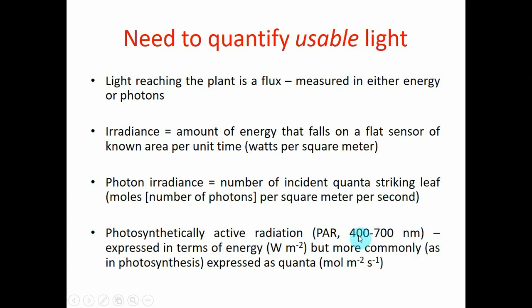Remember, this 400 nanometers has more energy, and the 700 nanometers is lower in energy. Remember, we looked at photosystem 1 and photosystem 2. We said photosystem 2 is 680, whereas photosystem 1 is 700. That is the nanometers that it absorbs at.